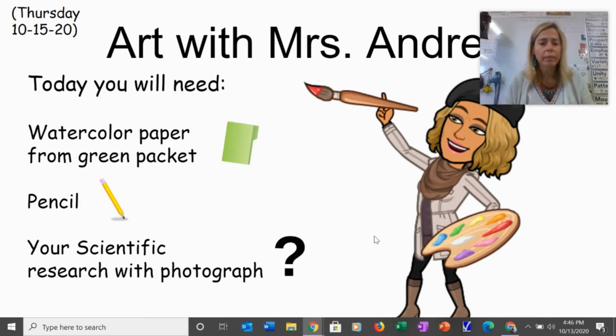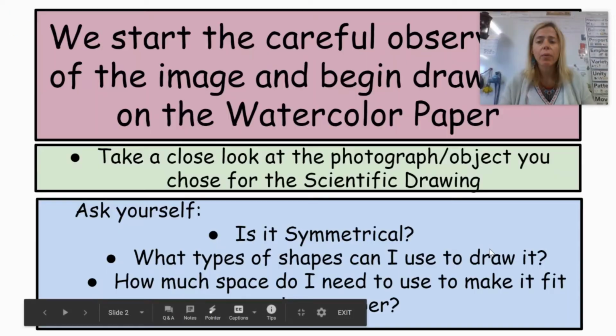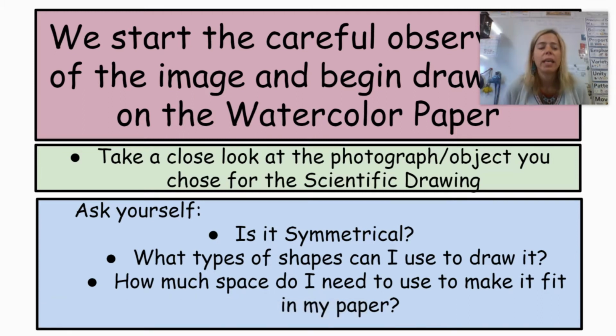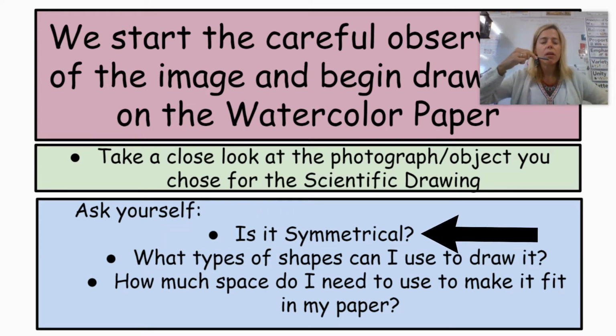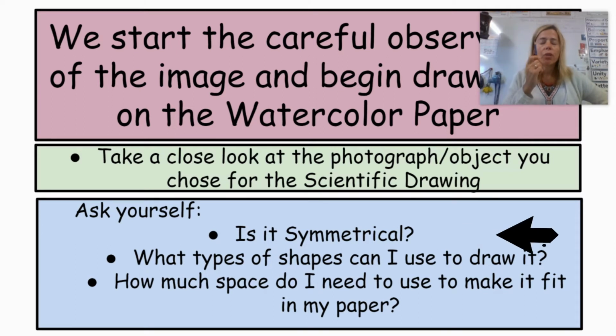Before we begin drawing, there are 3 questions you need to ask, or I need to ask you, you can ask yourself. The first question, is your object symmetrical? If you don't remember what symmetrical means, it's when you can draw an imaginary line right in the middle of your object, and you find that on both sides you have the same exact thing.